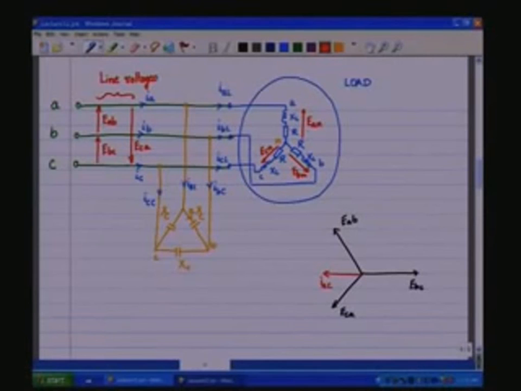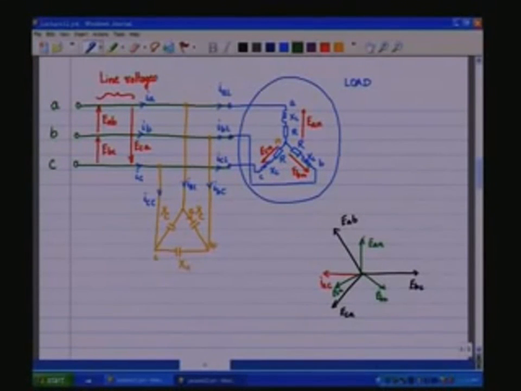Now, how are EAN, EBN, ECN related to EAB, EBC and ECA? EAN is going to lag EAB by 30 degrees. Again, we saw this in the last class. So, we have EAN, EBN, ECN.